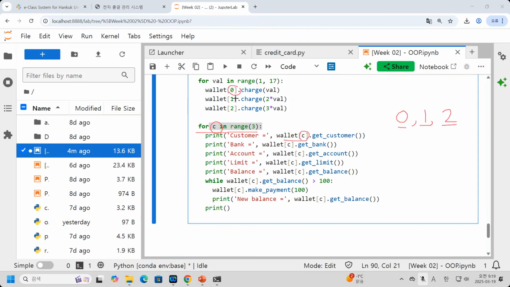So this one, wallet 0, wallet 1, and wallet 2. Then if I print this one, then the wallet 0 means the first credit card, and I can get the customer name. The first credit card, I can get the bank name. The first credit card, I can get the account number. And then the first credit card, I can get the limit.